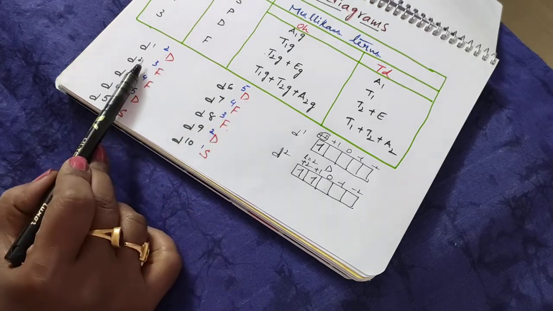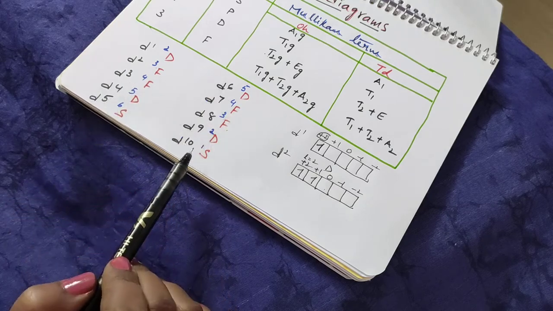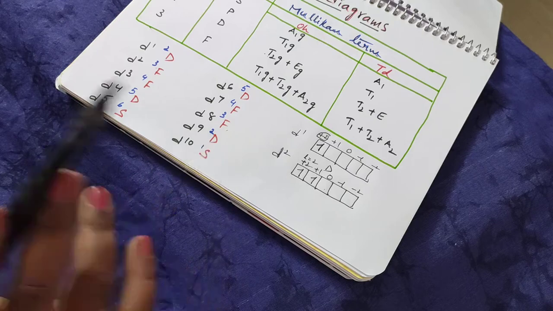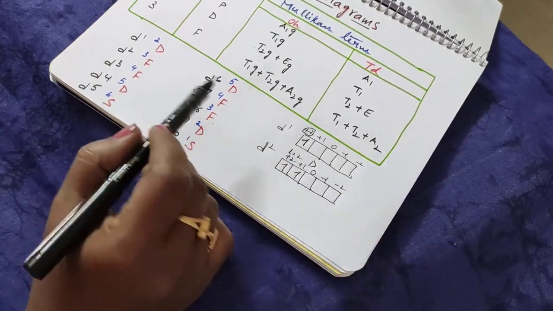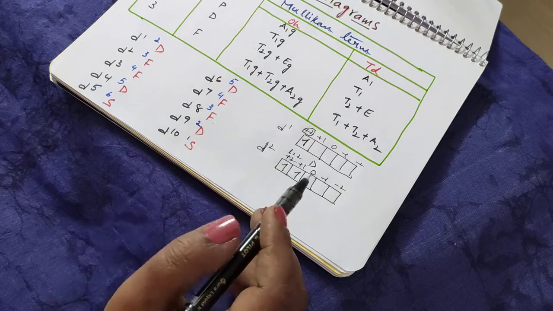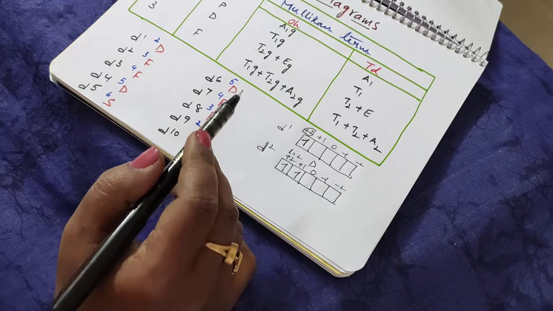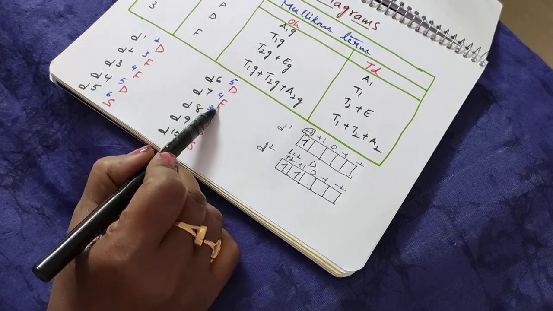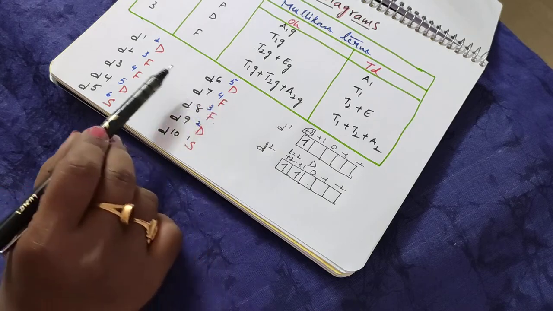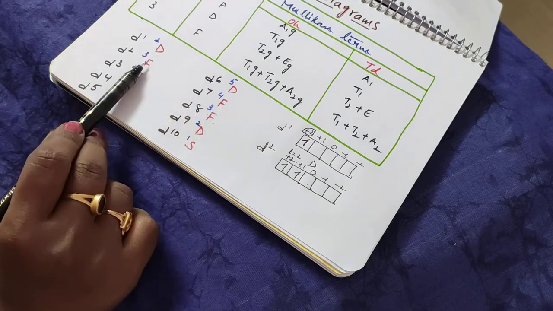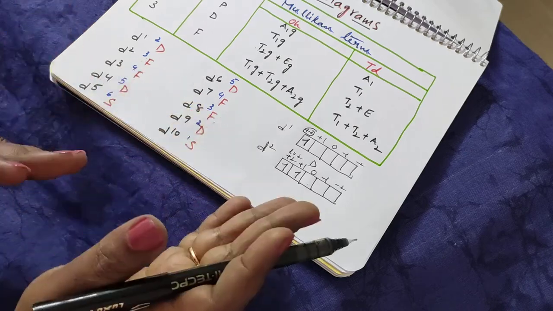Just write down D1 to D10. So these are the ground state terms. Some are D terms and some are F terms. ORGEL diagrams mainly focus on the D terms and also the F terms, so just divide the D terms and the F terms.